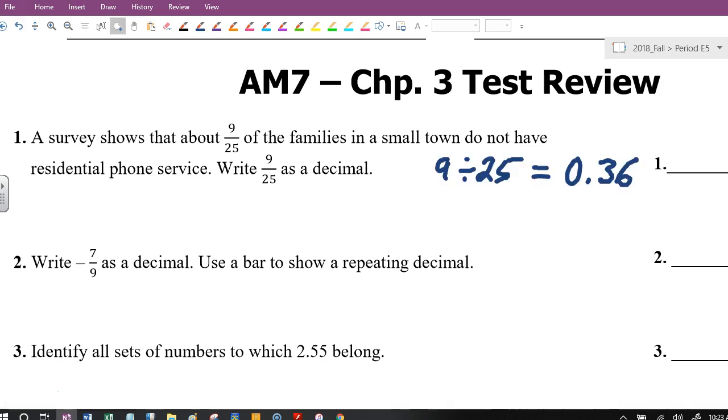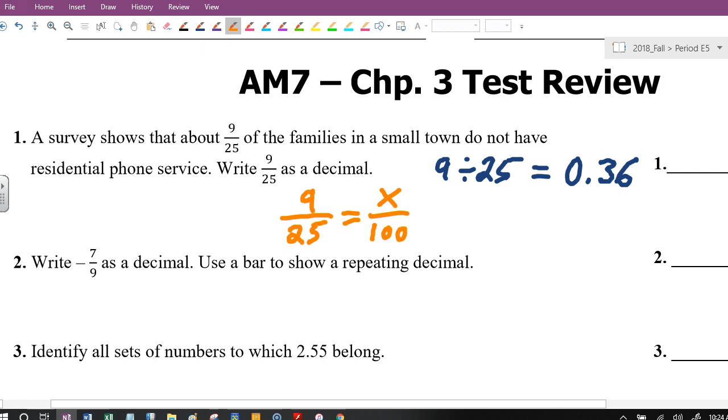I multiplied 9 over 25 by 4. Why? Because 25 is 1/4 of 100. What's the mathy way to do it, though? We set up an equation: 9 over 25 equals question mark over 100, for a percent.